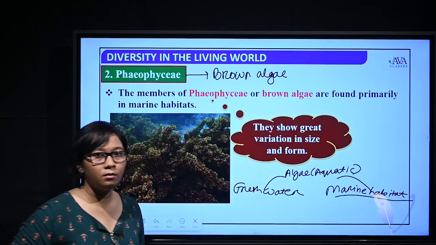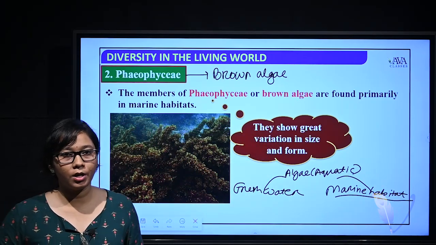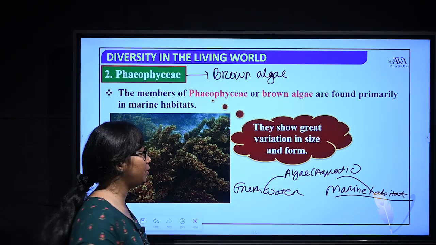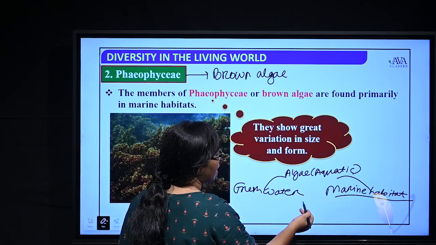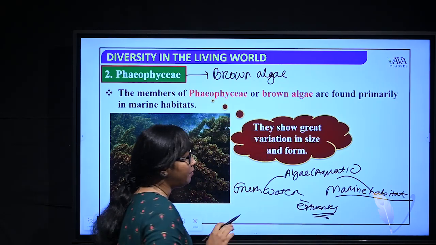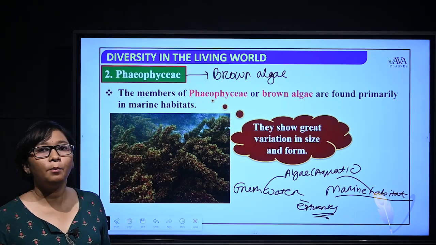Marine habitat means salt water. There is also a transition zone between freshwater and marine habitats, like estuaries, where fresh water mixes with marine water.